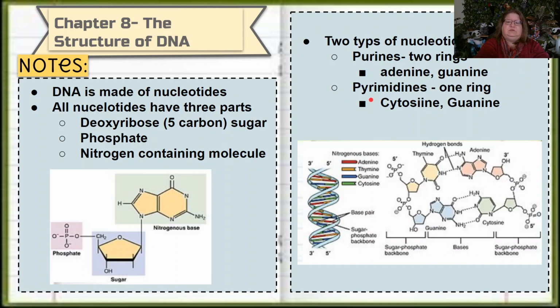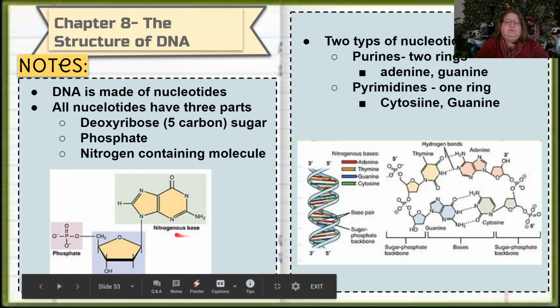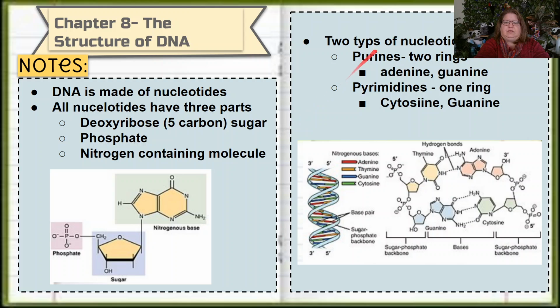Now, there are two types of nucleotides. You can see on this one, there are two rings, and we call those purines, adenine and guanine. And then we also have pyrimidines, and pyrimidines are only one ring. Notice thymine only has one ring, and so does cytosine.